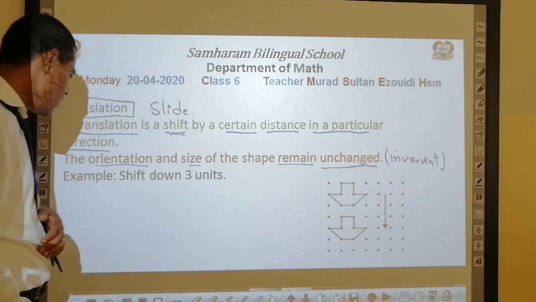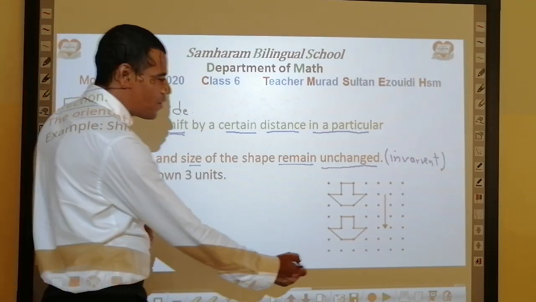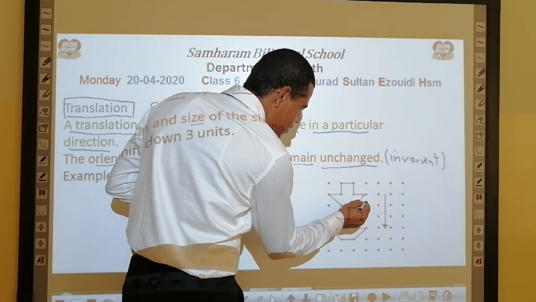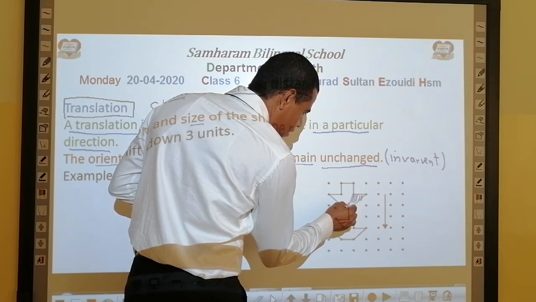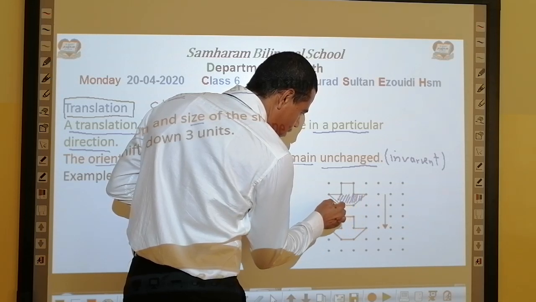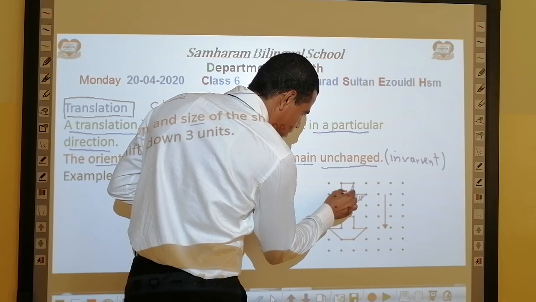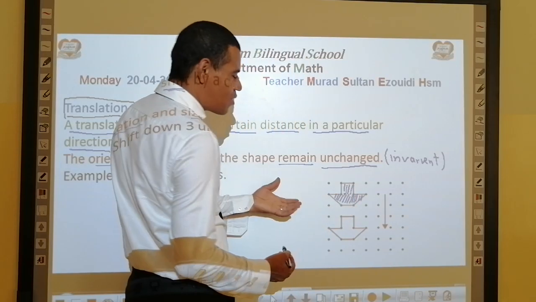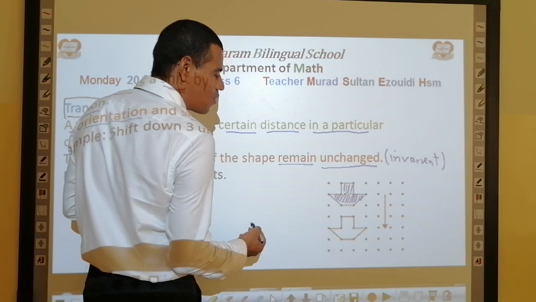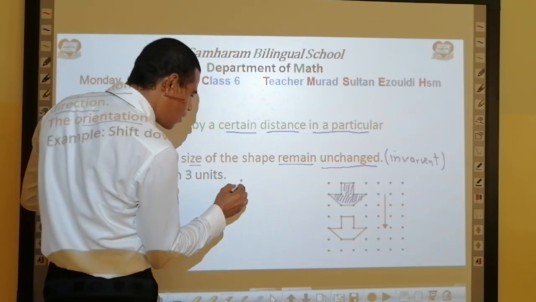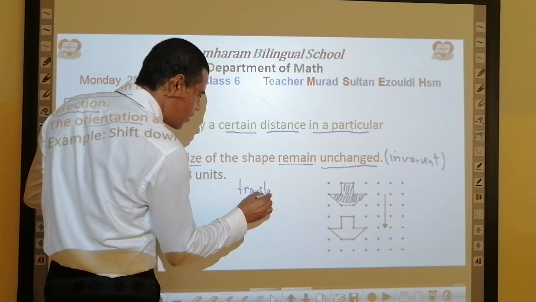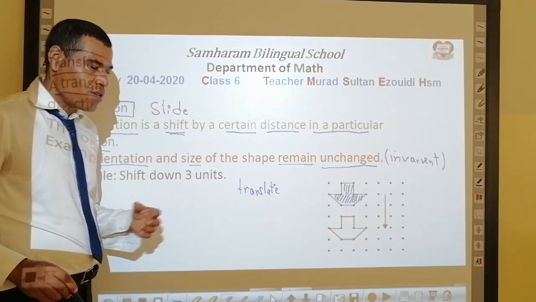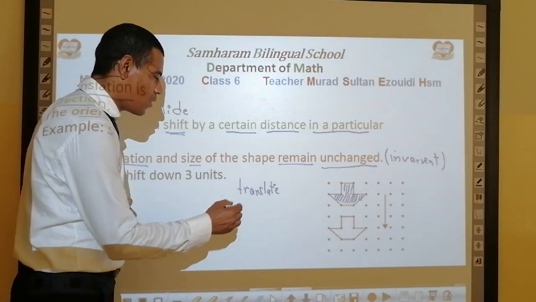For example, let's shift this shape, this shape that is shaded blue. I will translate it 3 units down.